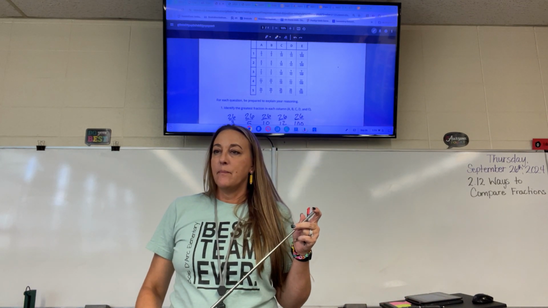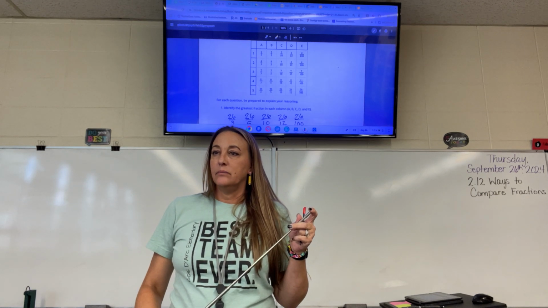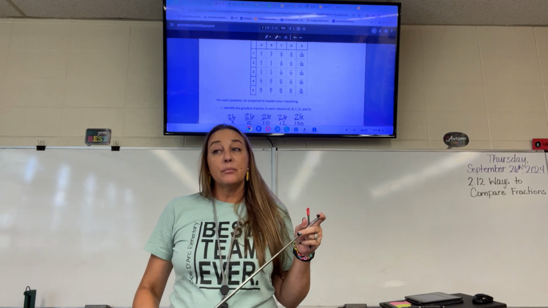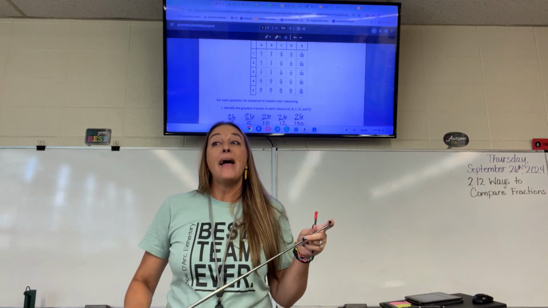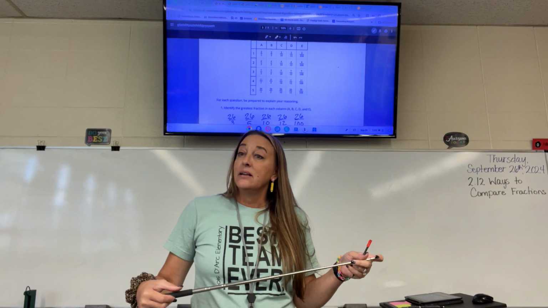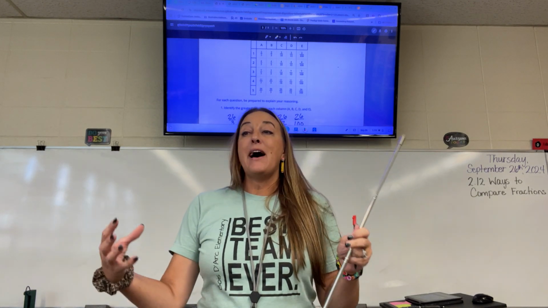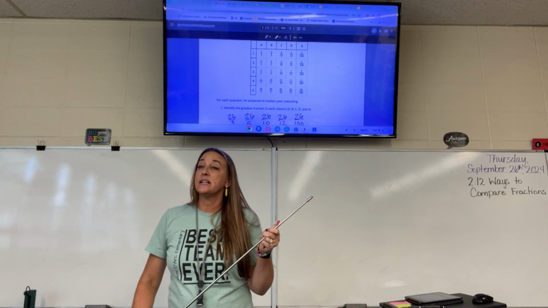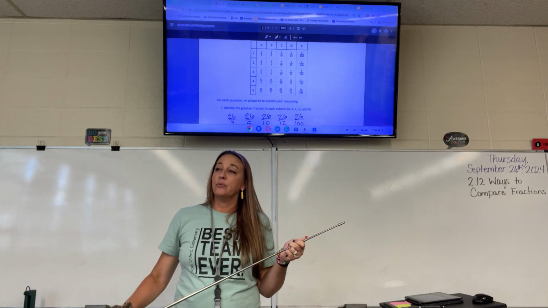Because the one that has the most pieces. The top number tells you the number of pieces. They all have the same amount. So what do you do when all the fractions have the same top number? How do you decide? Hands down, guys. We're working through this.